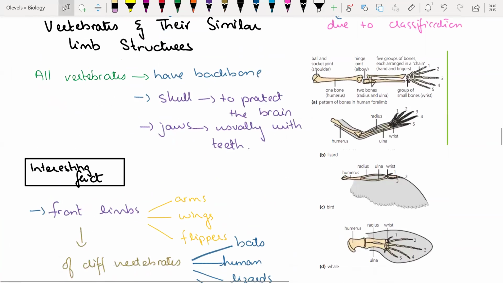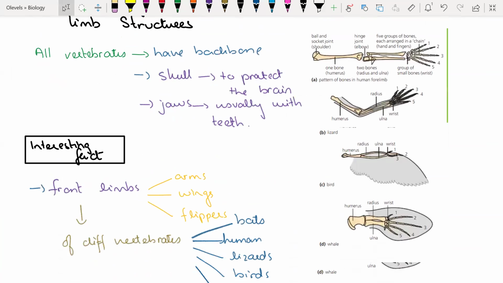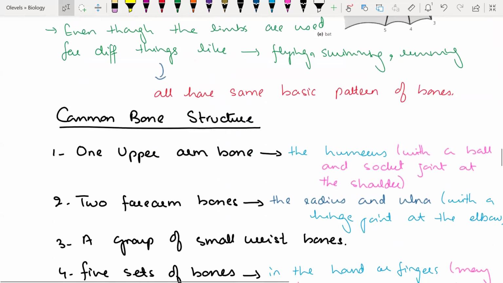Yes, ma'am. So what I was trying to convey is that these are different vertebrates, right? But they do have a similar pattern of bones in their front limb. Now this front limb is only one example out of all the bones.